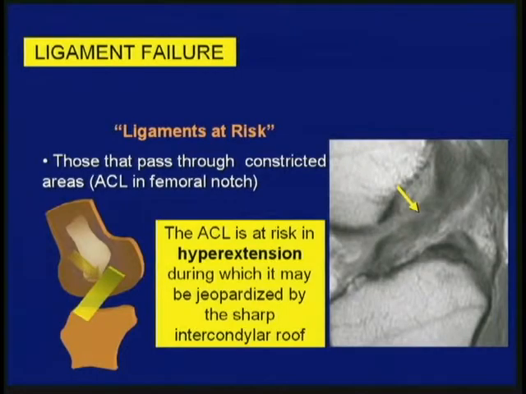In particular, with regard to the anterior cruciate ligament and also to the posterior cruciate ligament, the position of hyperextension is a bad one. We'll talk about hyperextensive injuries, but you can see how the anterior cruciate ligament may be made vulnerable because it is jeopardized by the sharp intercondylar roof. Here I show you an incomplete tear of the anterior cruciate ligament on your right.